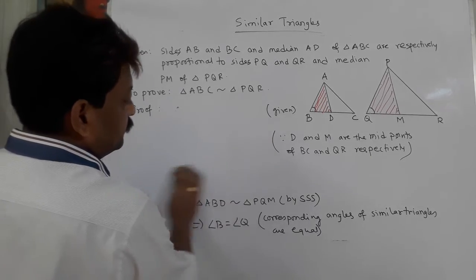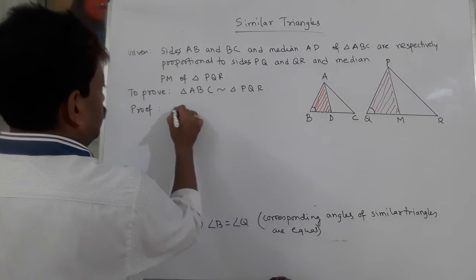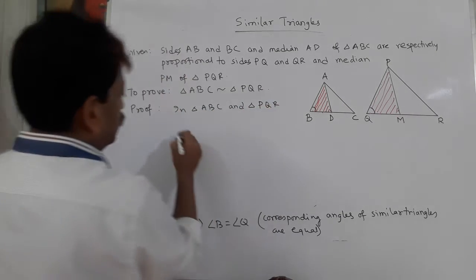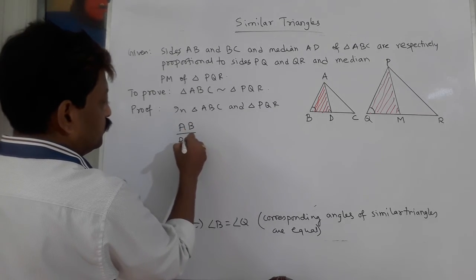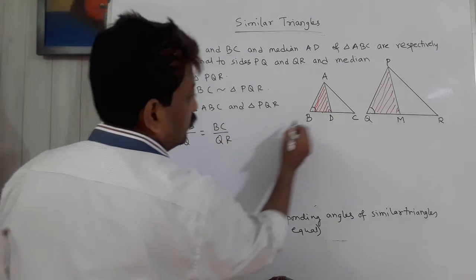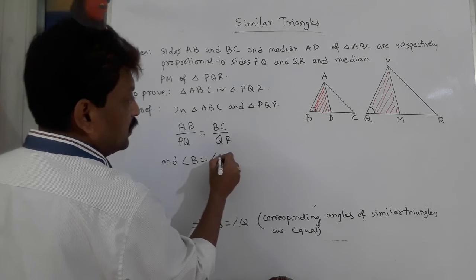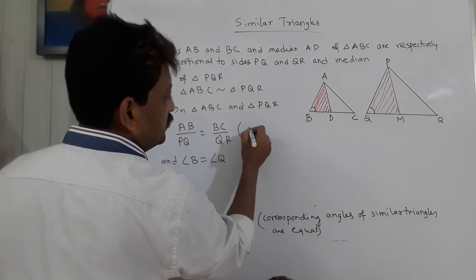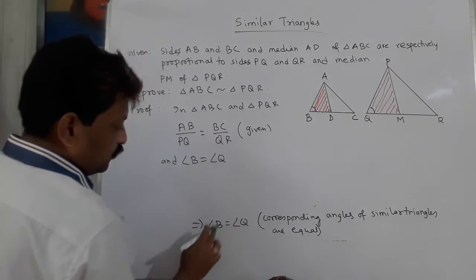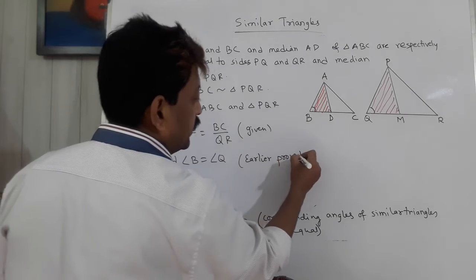In triangle ABC and triangle PQR, AB upon PQ is equal to BC upon QR, and angle B is equal to angle Q. The first relation is given in the question, and the second one we have proved earlier.